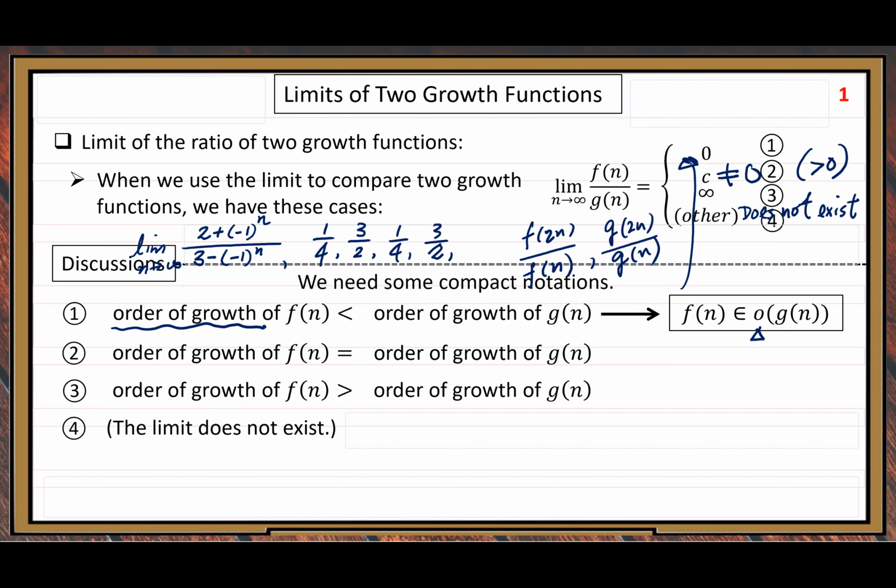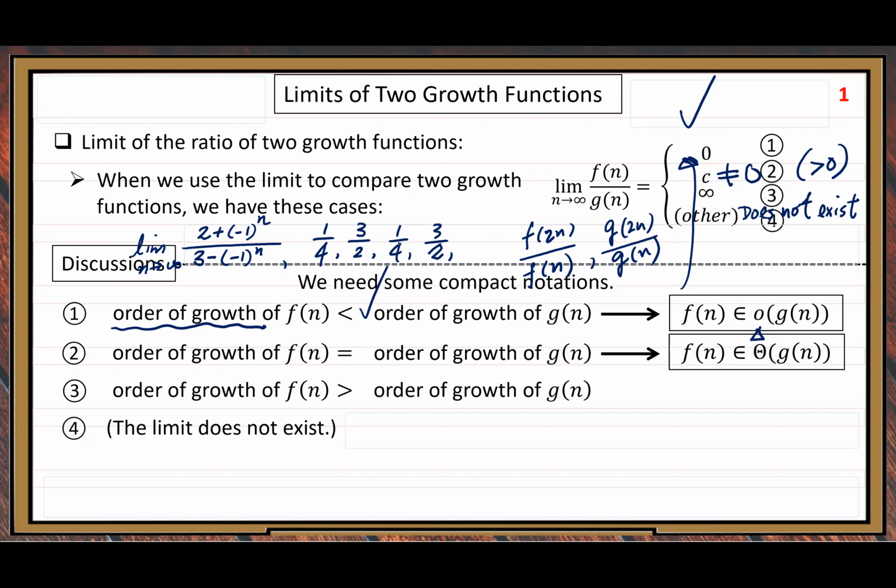That's the goal. This is our first asymptotic notation, little o notation. So when you see this little o notation, you know the limit, the meaning behind it, and the order of growth meaning behind it.